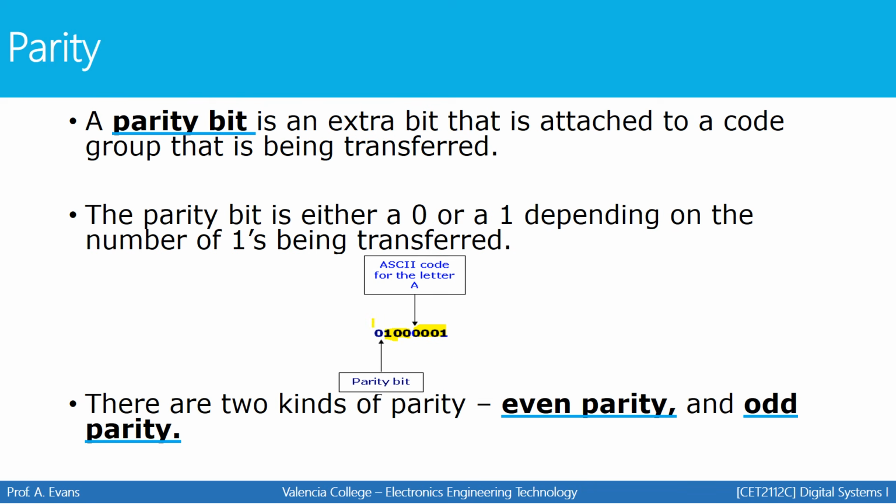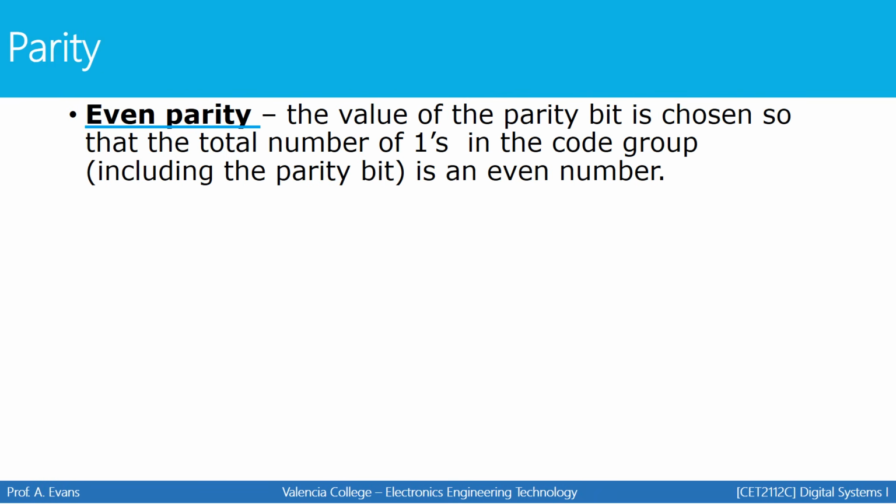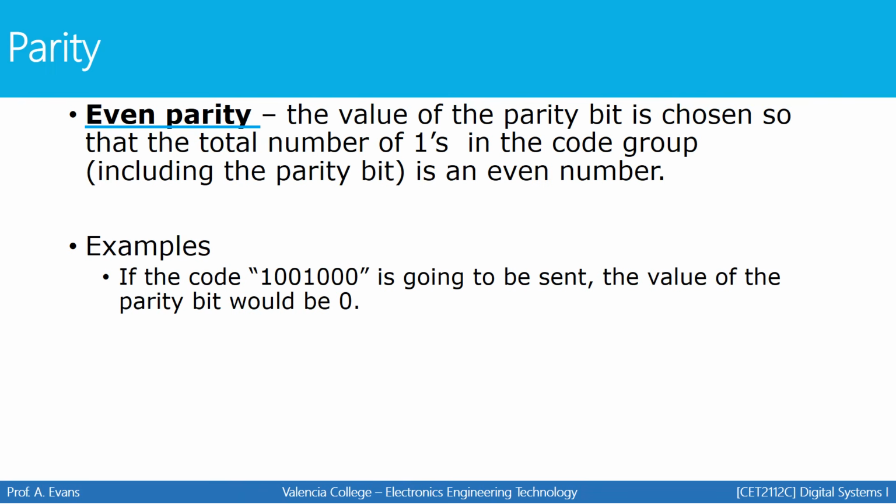And then I'm going to add a parity bit to the beginning of the message. And that bit is going to be chosen depending on whether you're using even parity or odd parity. If you're using even parity, that means the total number of ones in the group, including your extra bit, must be an even number. So here's an example.